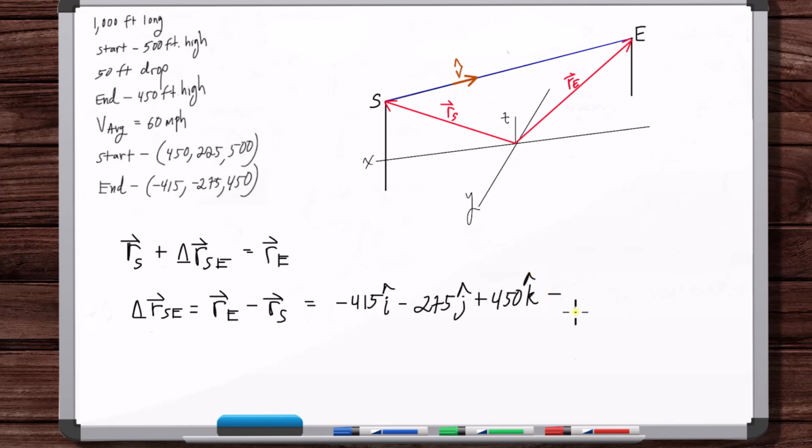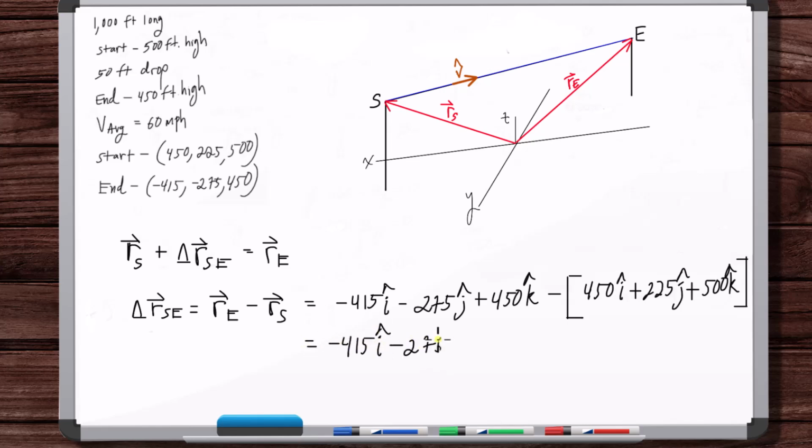Now we're subtracting that from 450 i hat plus 225 j hat plus 500 k hat. Distributing the minus.